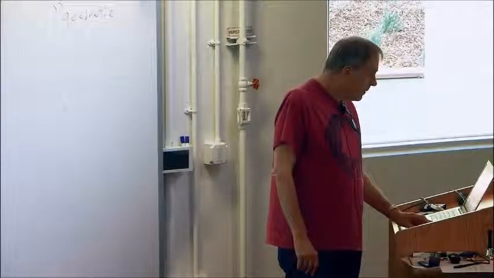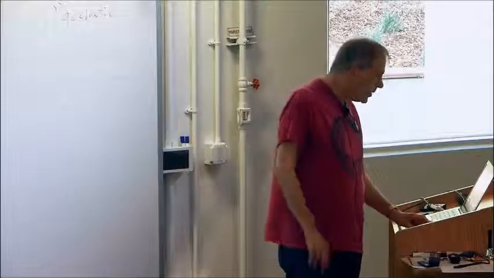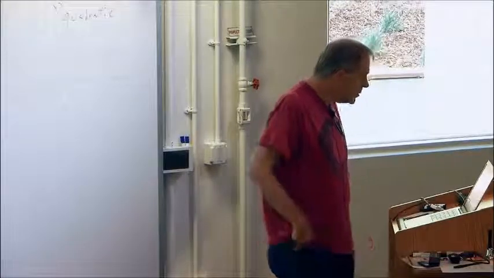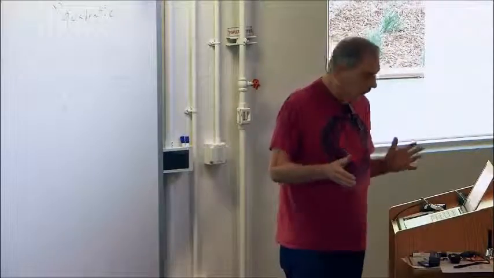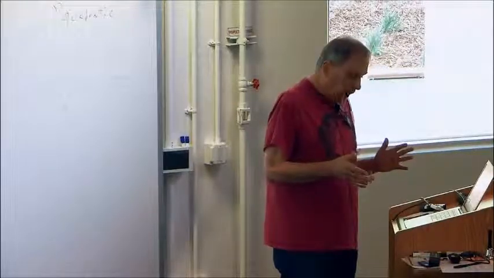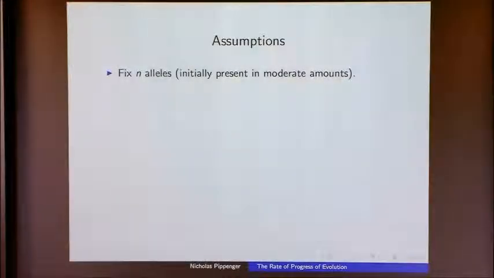So, of course, to prove anything, I'm a mathematician, I'll need to make some assumptions. So imagine that you're a farmer, and so you have a population of stock of some sort, and you want to fix the alleles at n particular loci to be the good thing, the thing that you want to breed them for, and they're already present at moderate amounts.